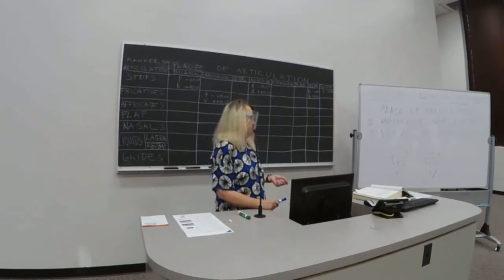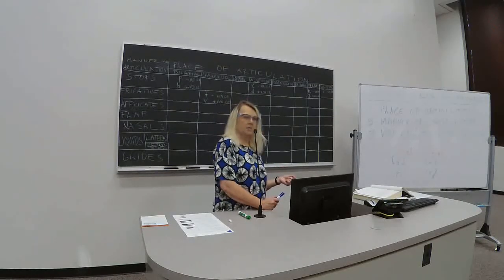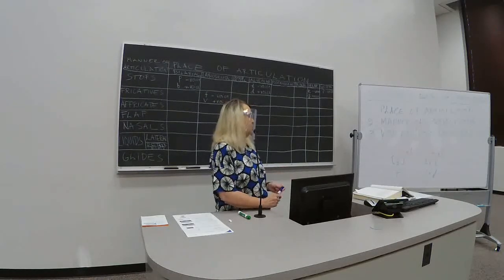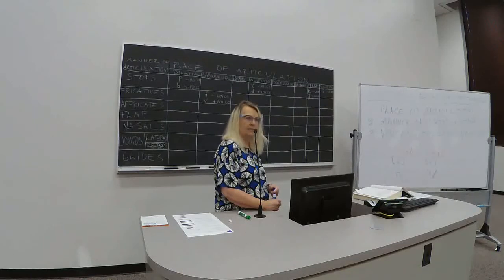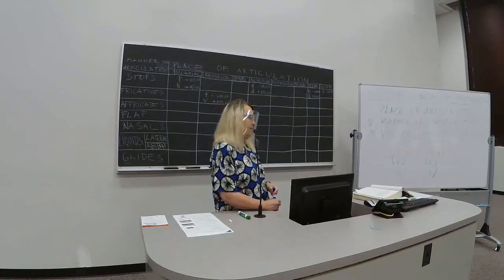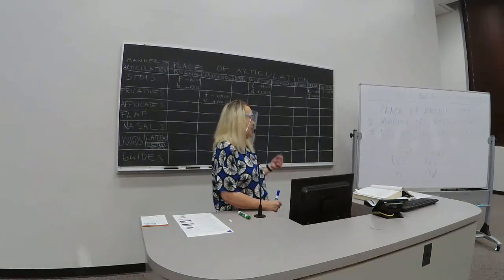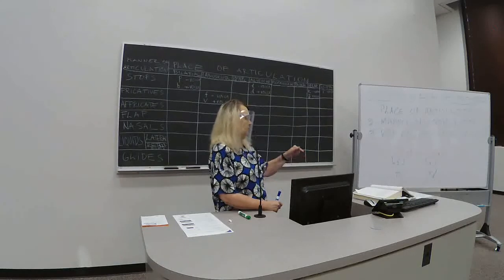Interestingly, if any of you is in my history of English class, we'll talk during that class about the fact that v did not used to be a phoneme in English. It just appeared in certain positions of the word, and then it was automatically voiceless. Like if it was in the beginning, it was voiceless.